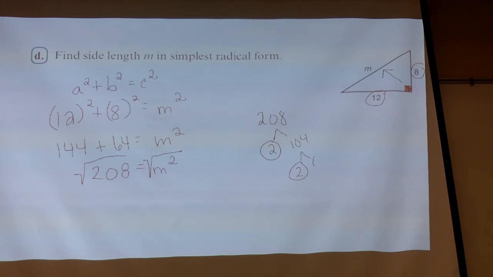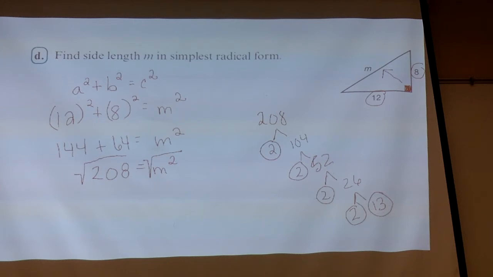Going to be 52 over here. Okay, so if I divide 52 by 2, 52 divided by 2 is equal to 26. So I can say 2 and 26. And then what's going to go into 26? We could say 2 and 13. And finally, we have a prime number there.